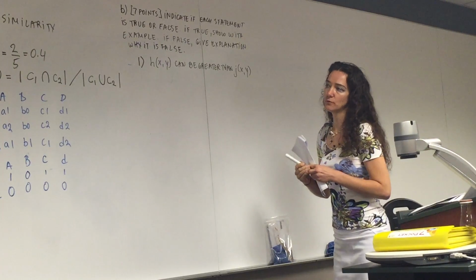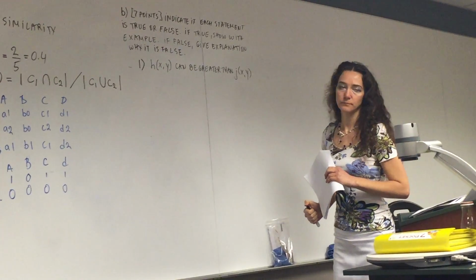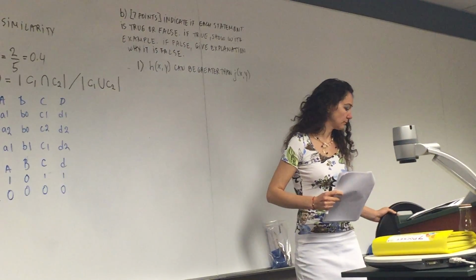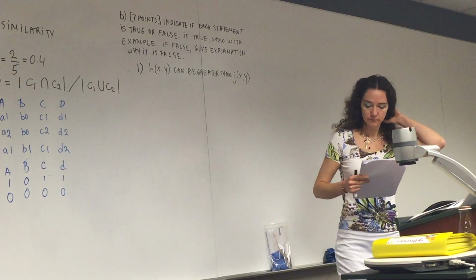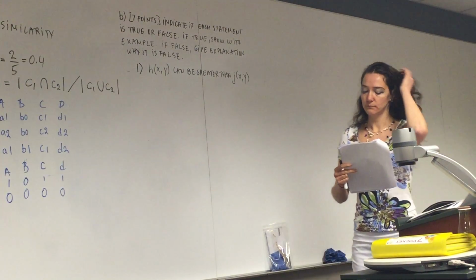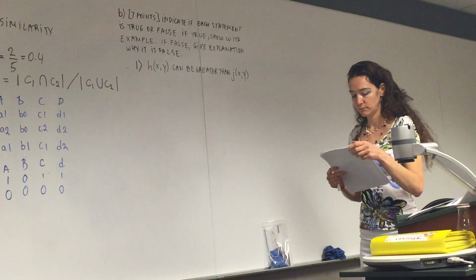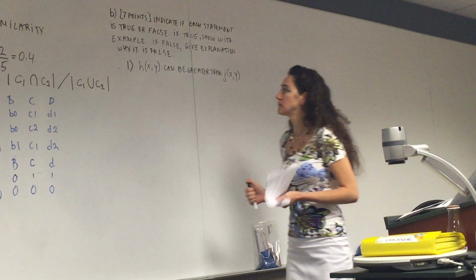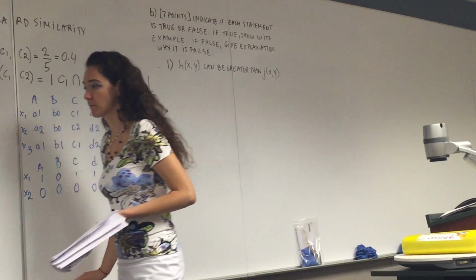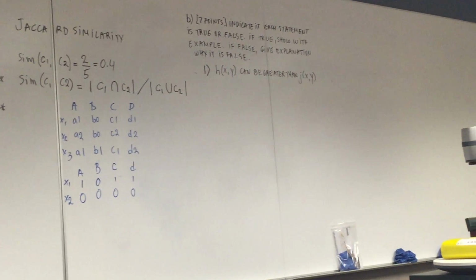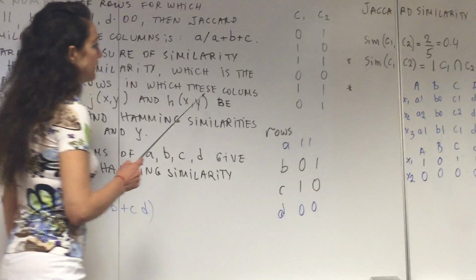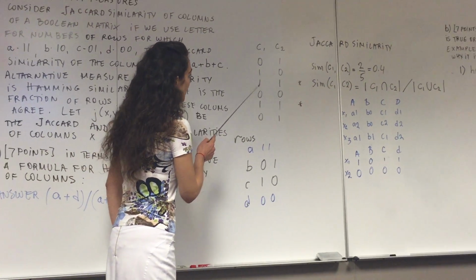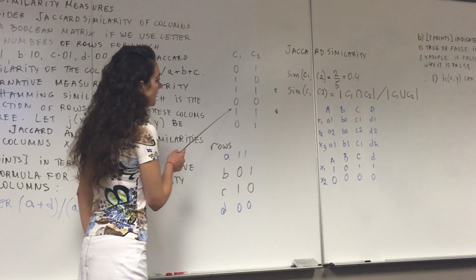Is that true? So Hamming similarity is a fraction, and we can have 1, 2, 3 here agree.